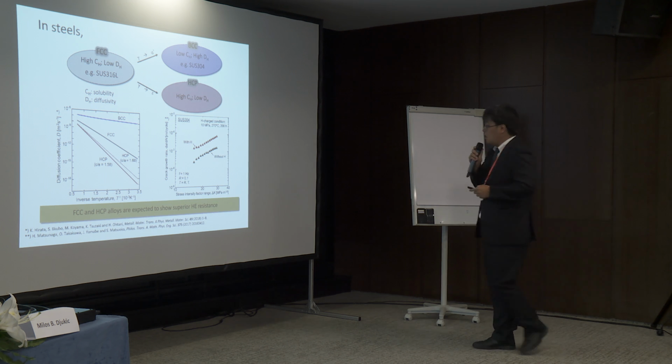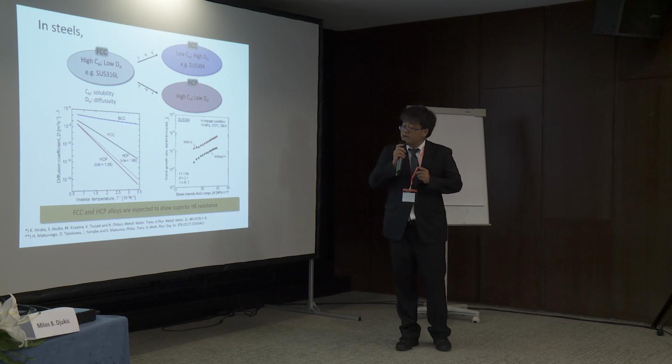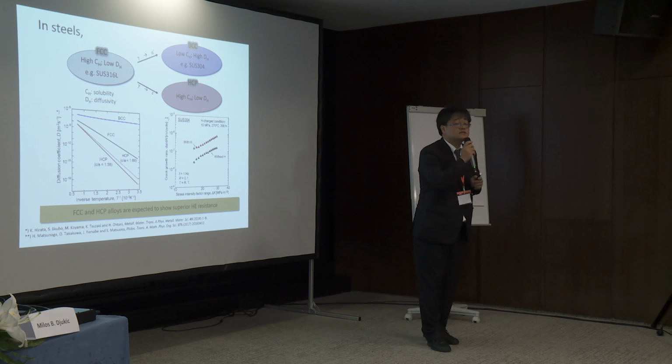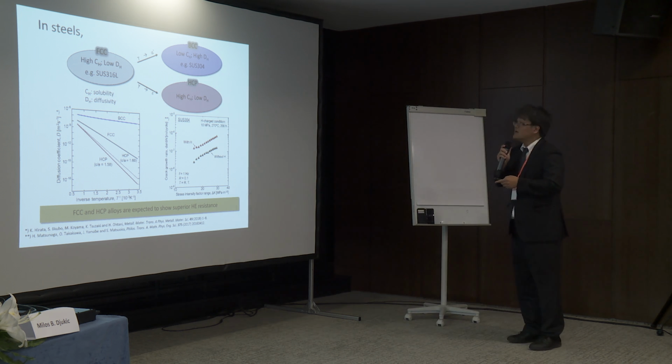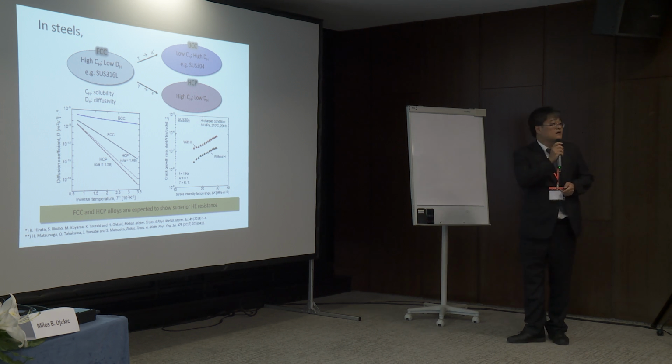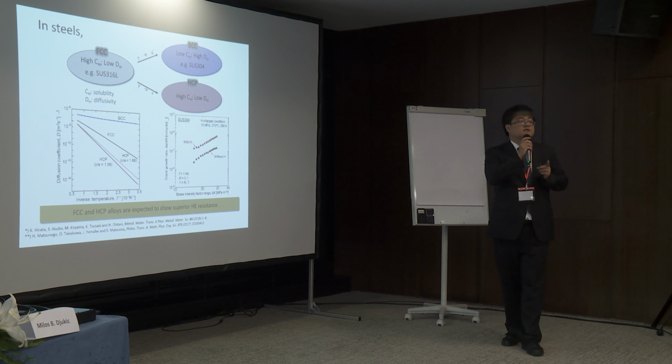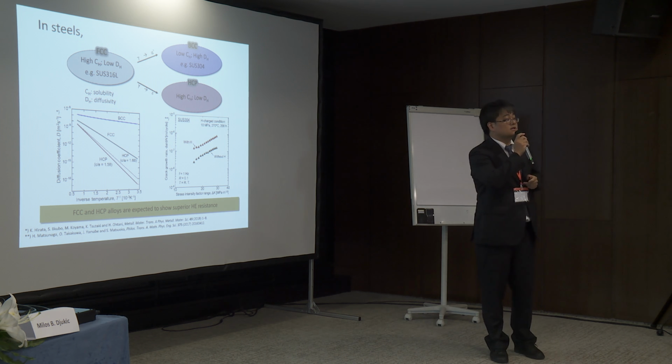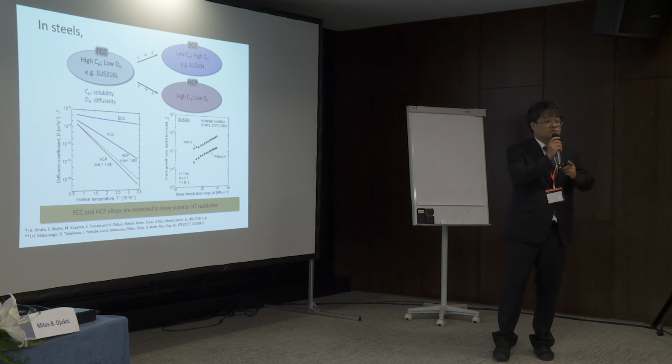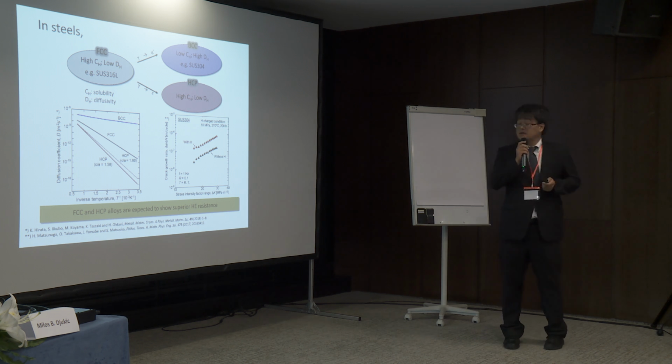Then, what I would like to stress in this talk is HCP. Why HCP? For example, the type 304 shows a TRIP effect. Then it shows a good elongation and strength.